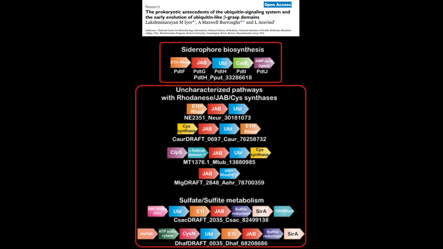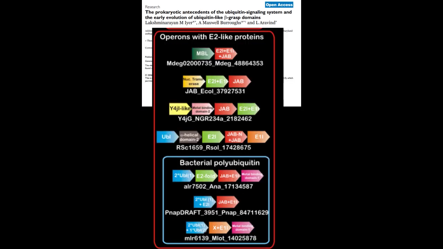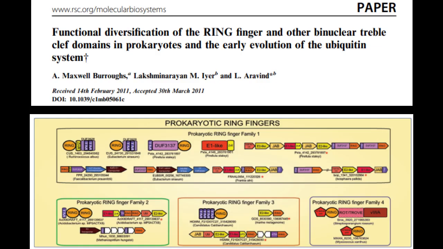Right. And then there were slightly more elaborate versions, which we found in the first study, which had the first prokaryotic versions of the E2 enzyme. And here we could clearly predict protein ubiquitination was underway. And it took us some time before we finally discovered the prokaryotic ring fingers, the E3s, which suggested that the whole triligase system, along with the deubiquitinating JAB domain, was present.